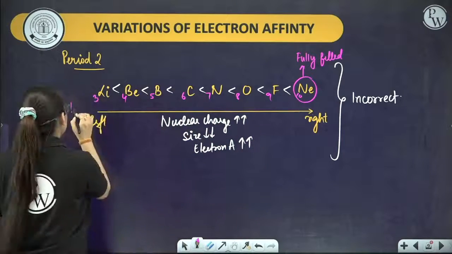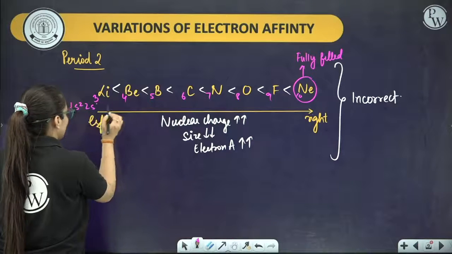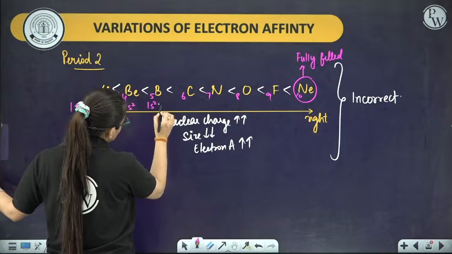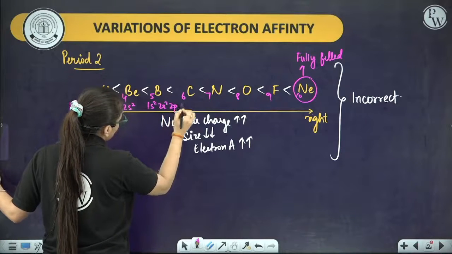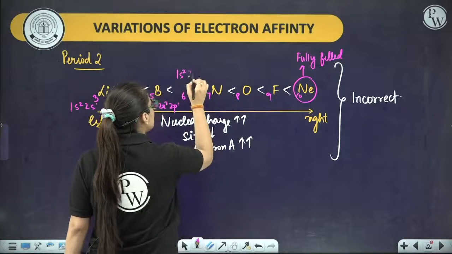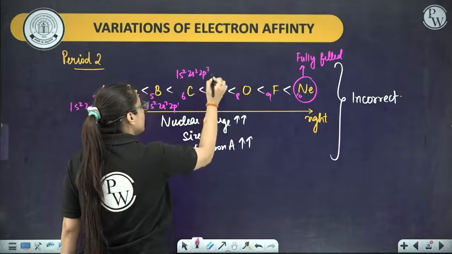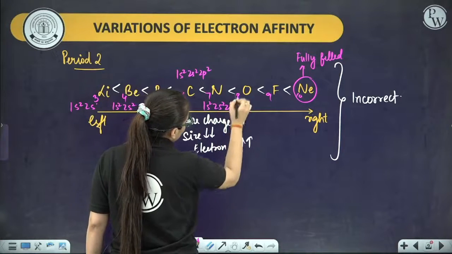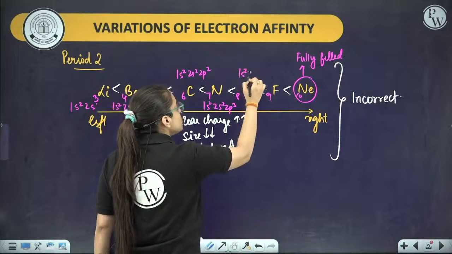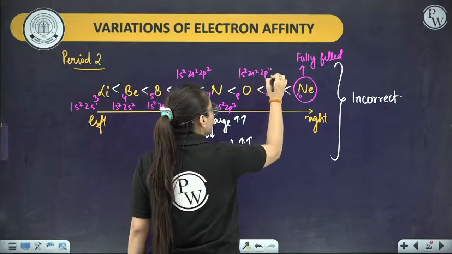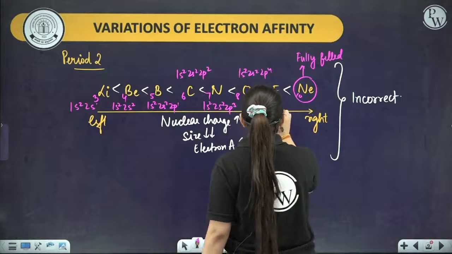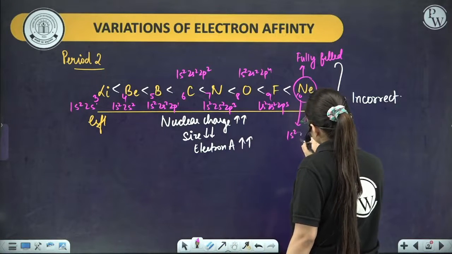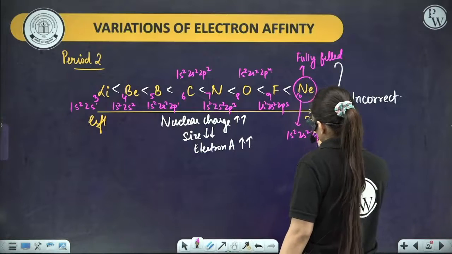So it is 1s2, 2s1. Then 1s2, 2s2. Then 1s2, 2s2, 2p1. Then 1s2, 2s2, 2p2. Then 2p3. Then 2p4. Then 2p5, and then 1s2, 2s2, 2p6.